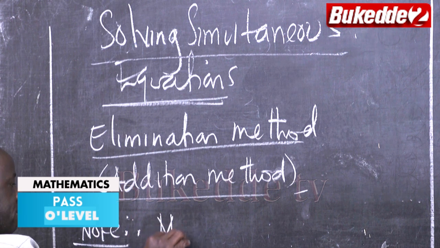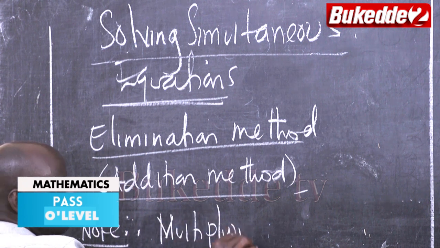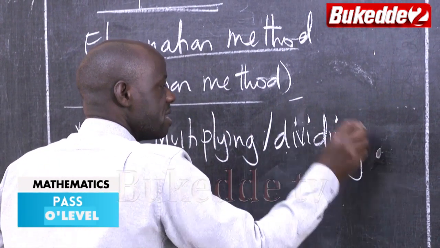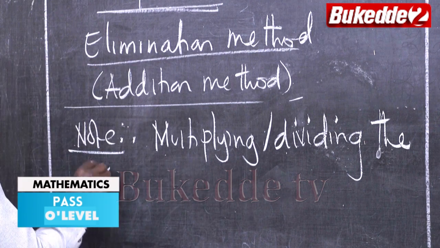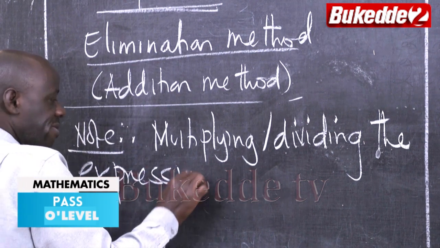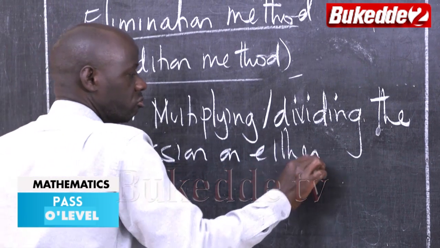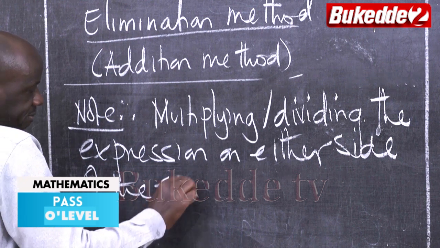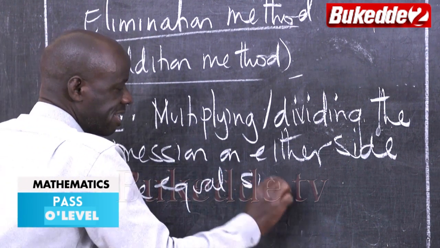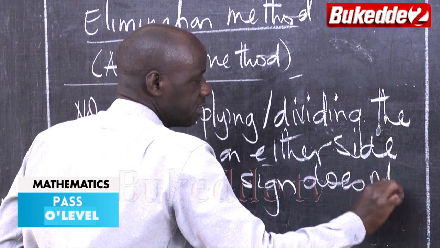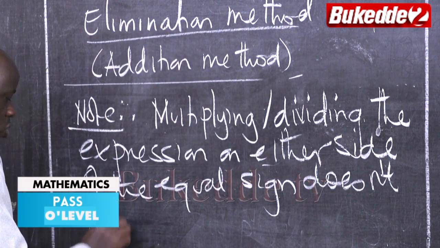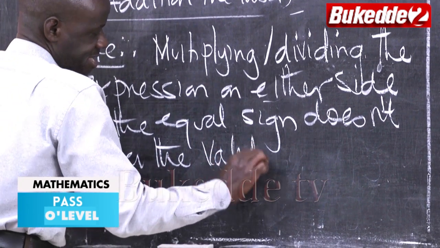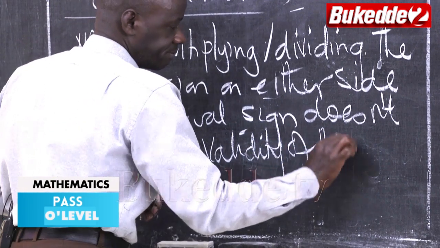So, for this method, note that it works because multiplying or dividing the expression on either side of the equal sign does not alter the validity of the equation.